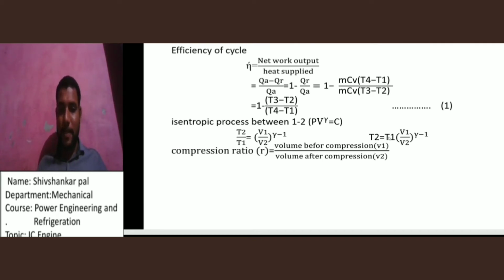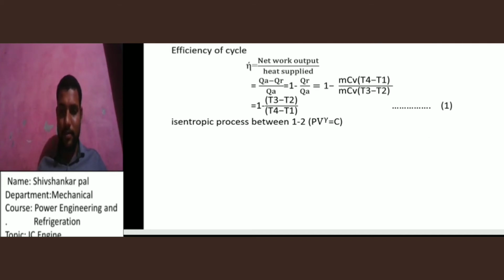Then T2 is equal to T1 into (V1 by V2) to the power gamma minus 1. What is the r? r is the compression ratio, volume before compression V1, volume after compression V2.